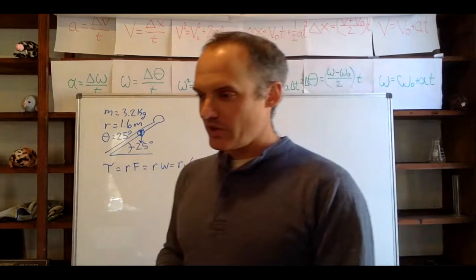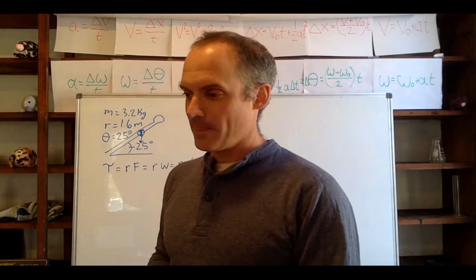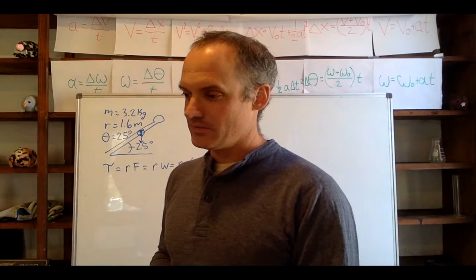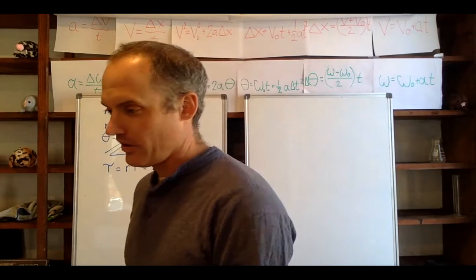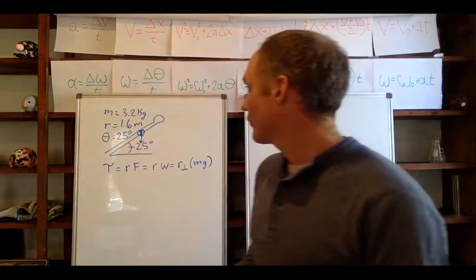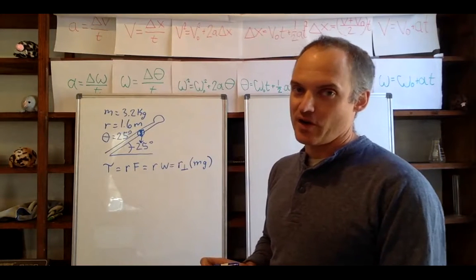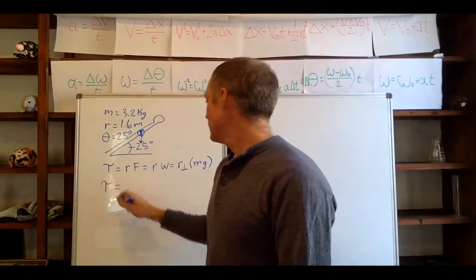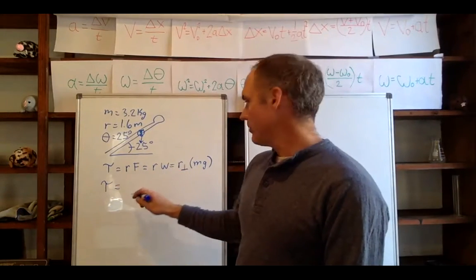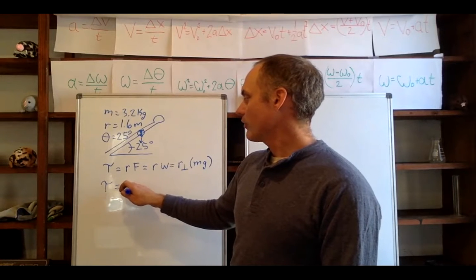Okay, so if you remember from before, the arm here was supposed to be 1.6 meters long. That's supposed to be your arm. But for finding our torque, the lever arm is actually your radius times the cosine of theta.